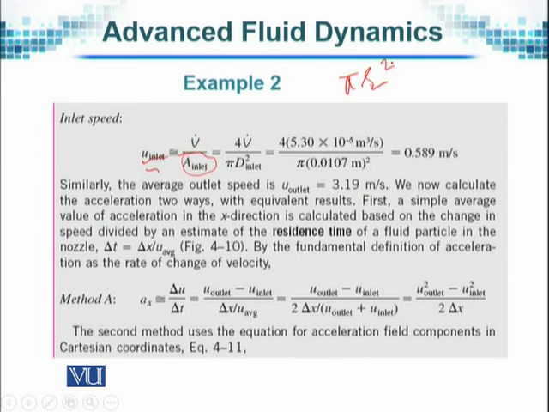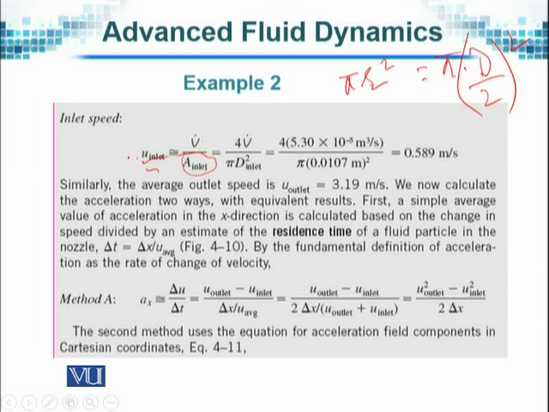But we have not been given the value of r; instead we have been given the value of diameter. So r is equal to d by 2, and if we work that out, it turns out to be 4 times V dot, the volume rate, divided by pi into d square, d at inlet.